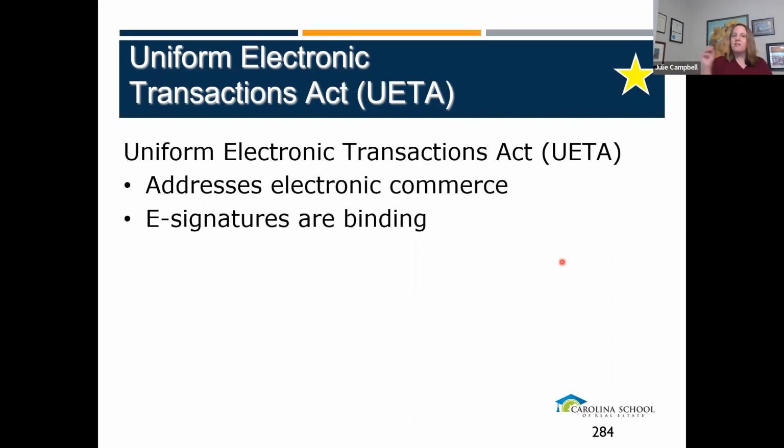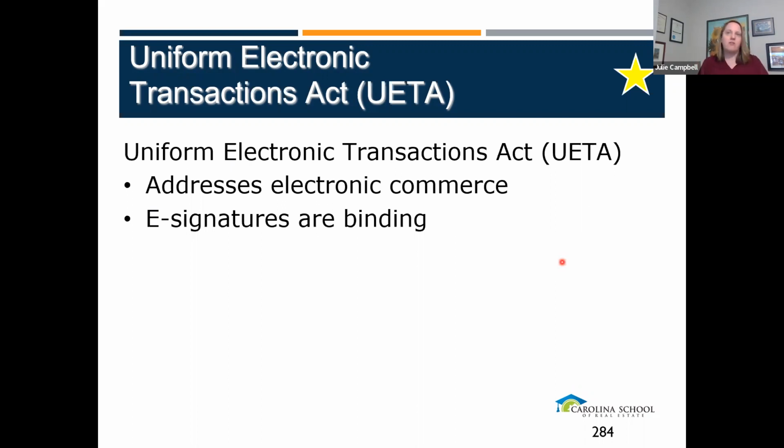When you agree to the terms and conditions in .loop from Lane, you agreed to allow your e-signature to be binding. That document you signed to get into this class, you agreed, and UETA says once you agree to that, you can't come back and say, that's an e-signature, that's not my real signature. You can't count that. And that's what the UETA says.